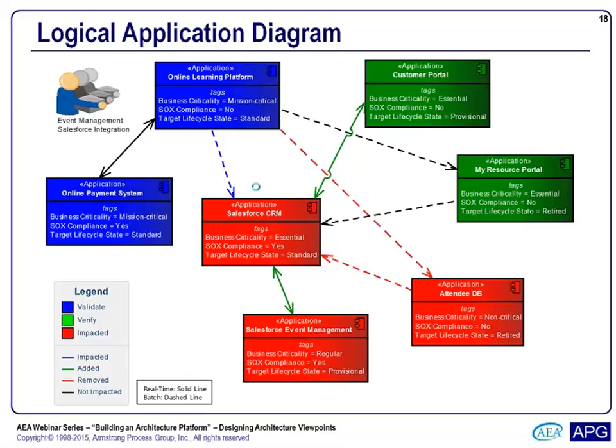So that's one of the expected outcomes of this project, and we're going to be propping up a new application, the Salesforce event management platform. And then a number of other relationships are going to stay the same. For example, the real-time interaction between the online payment system and the online learning platform, or the batch interaction between the online learning platform and the resource portal.